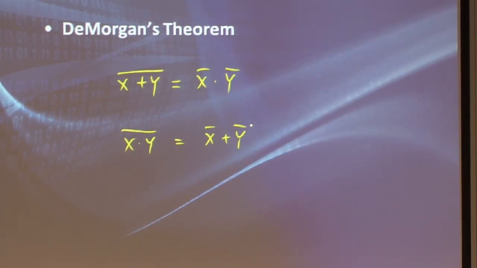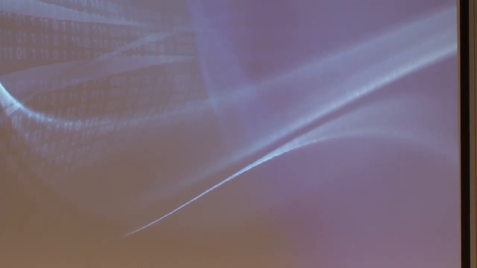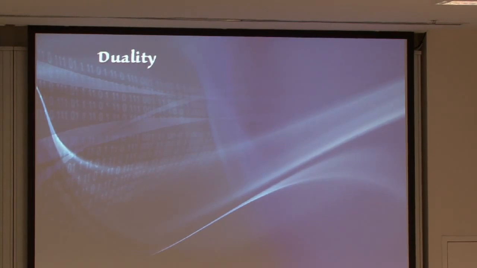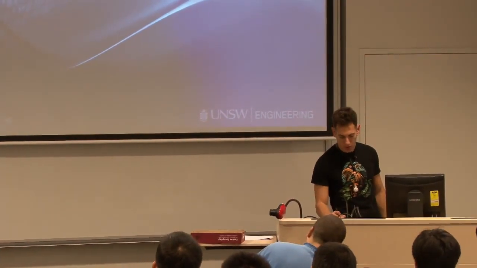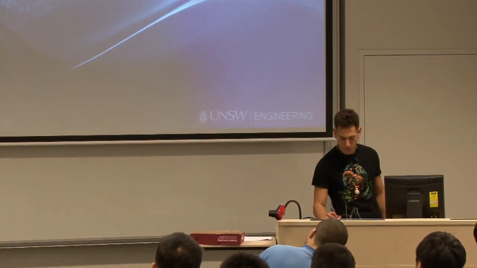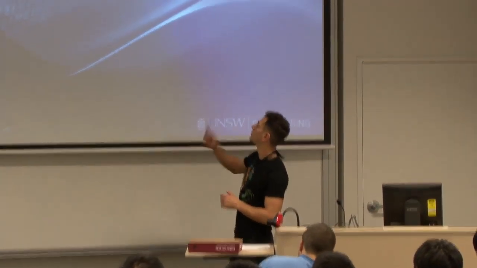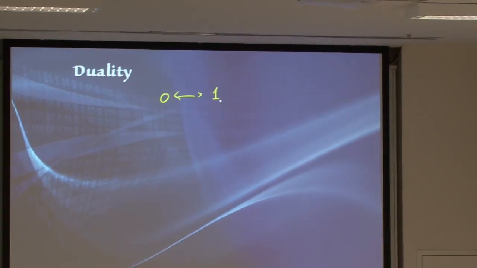But before I do, what I want to show you is this concept of duality. When I was talking about the properties and the identities, I kept saying, here's a property, here's its dual. Formally, a dual of an algebraic expression is to take the expression and change everywhere that you have a 0 with a 1. So if you have constants, 0, you change it with a 1 and vice versa.